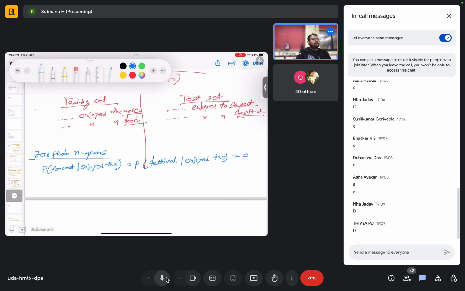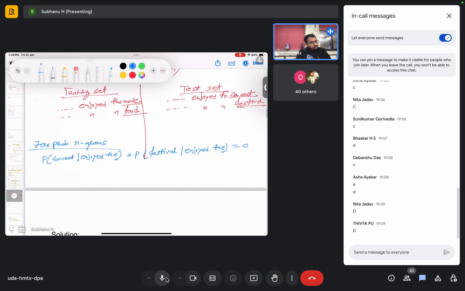Okay. Now you have to find the perplexity. I think you all have read about this thing. You have seen the theories and all. So perplexity is the inverse probability of the test data normalized by the number of words.